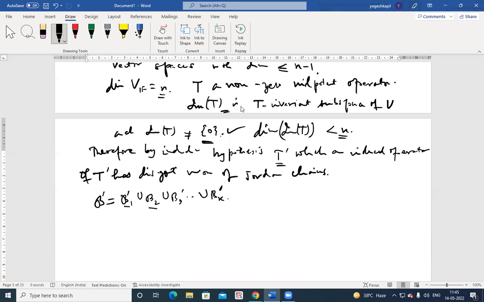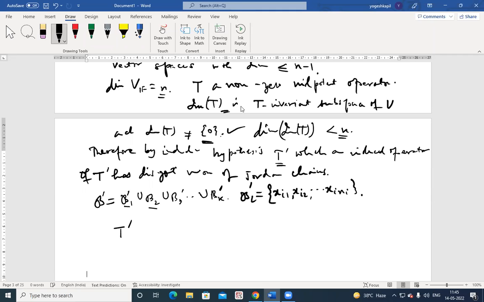Each Bi dash contains vectors xi1, xi2, and so on, xi ni. What is the action of T dash on these vectors?